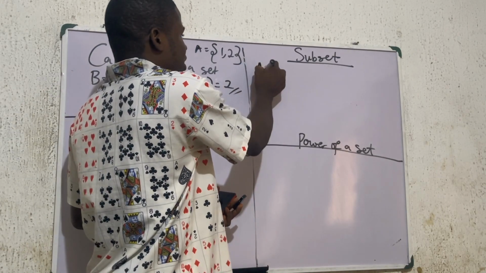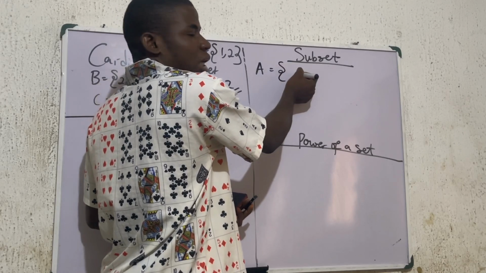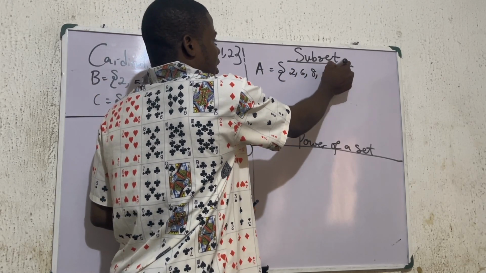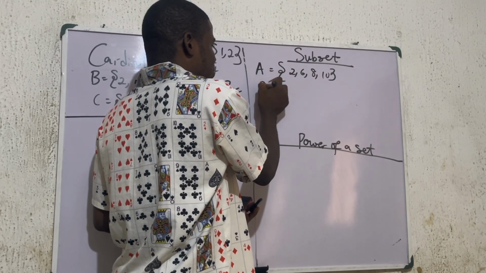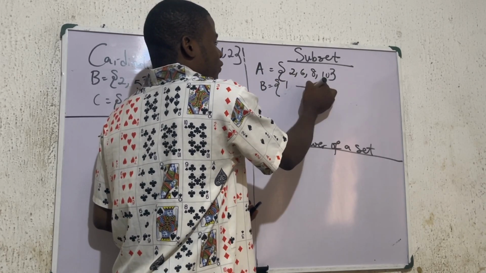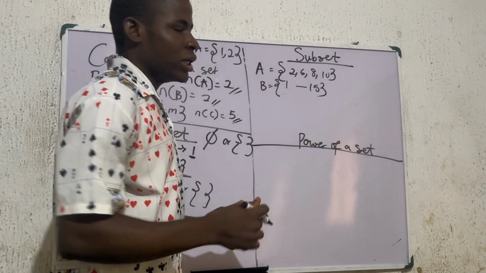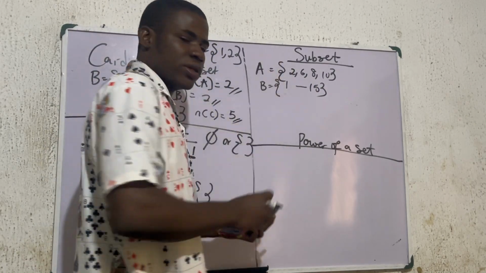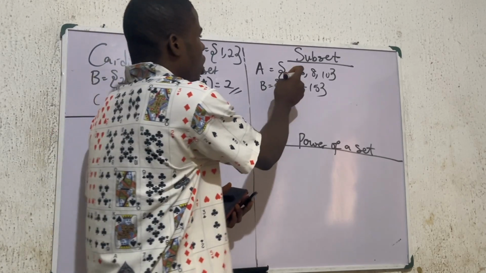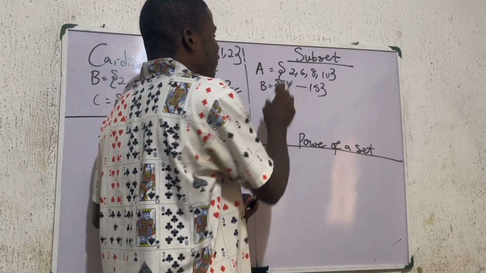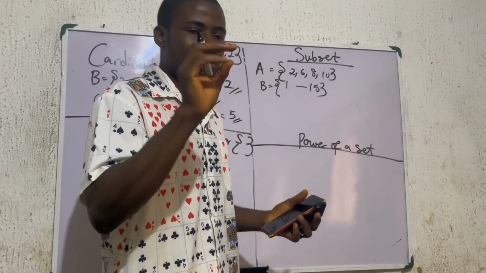If I have two sets A, and the elements in set A are 2, 6, 8, 10, and the elements in set B are 1 to 15, I will say that set A is a subset of set B. Reason: all these numbers that I can see, 2, 6, 8, and 10, I can equally find them from 1 to 15.